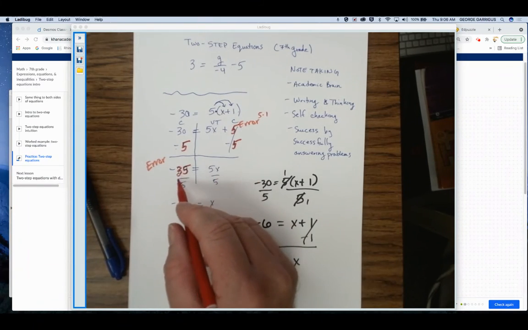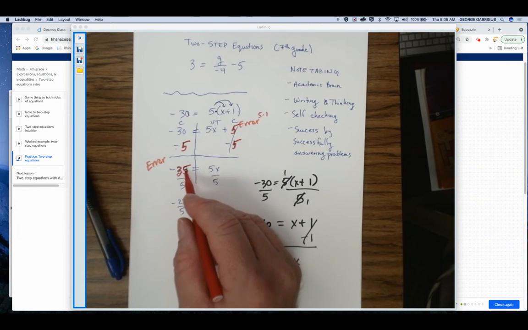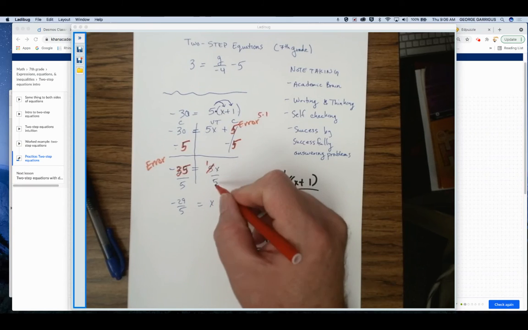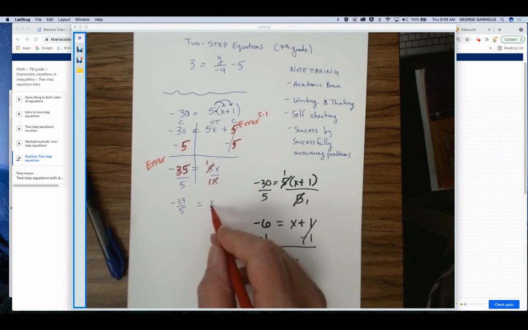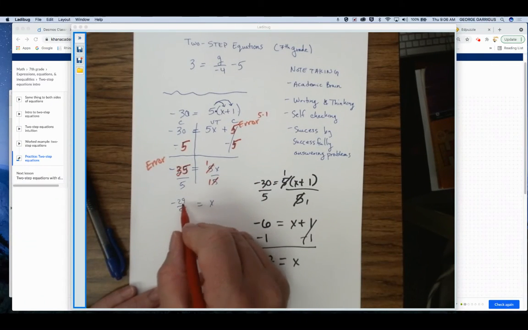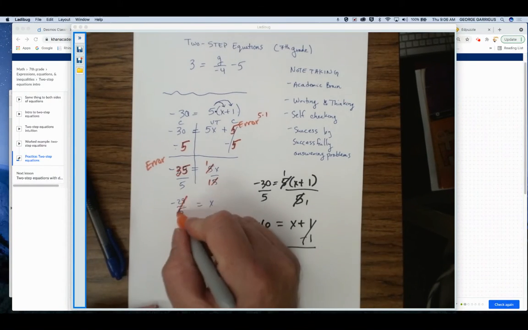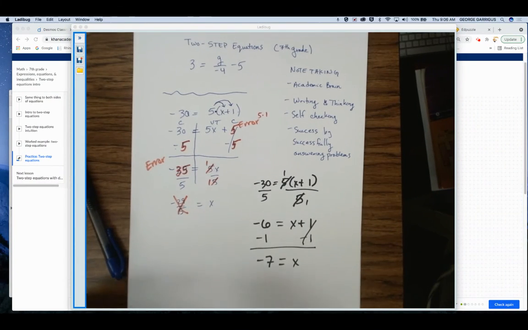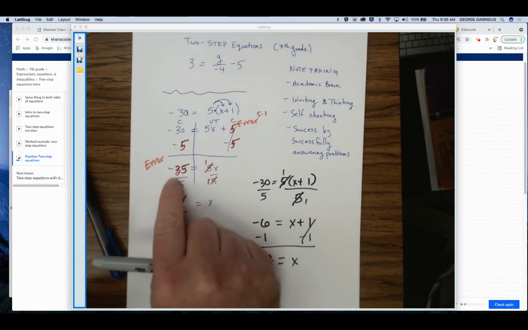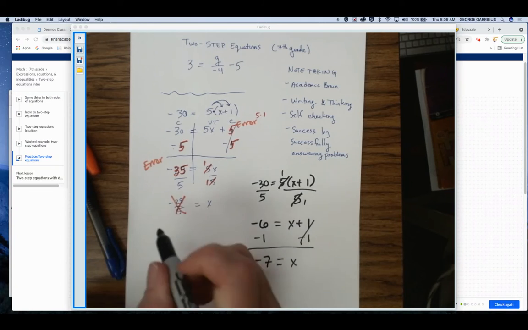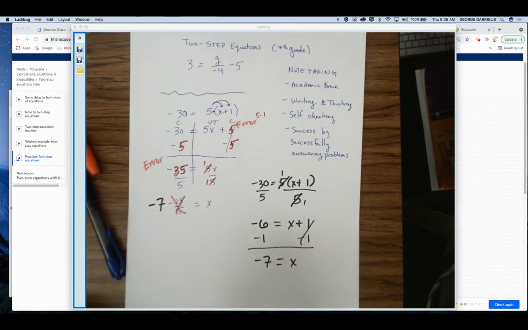Okay, well, I still have negative 35 divided by 5 and 5 divided by 5. Well, we know these cancel, and we have 1x. But negative 35 over 5, that's a mistake. So let's just exit out. We know the answer is negative 7. Well, now I know negative 35 divided by 5 is negative 7.